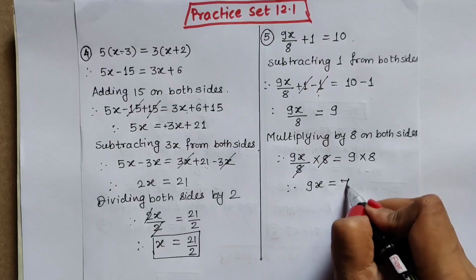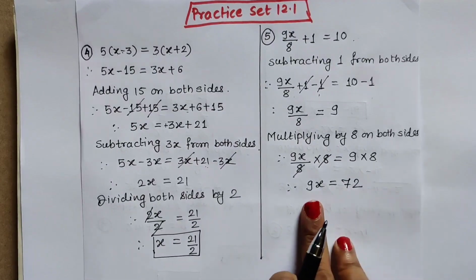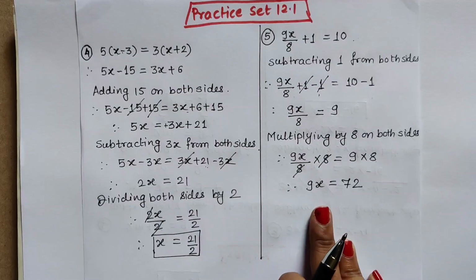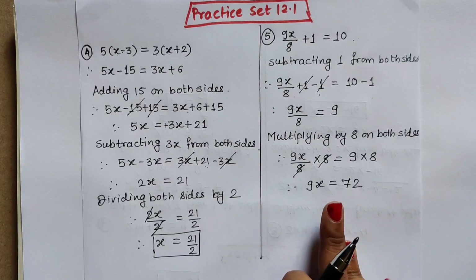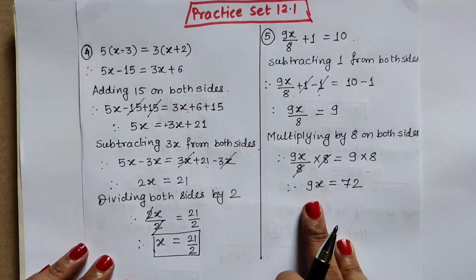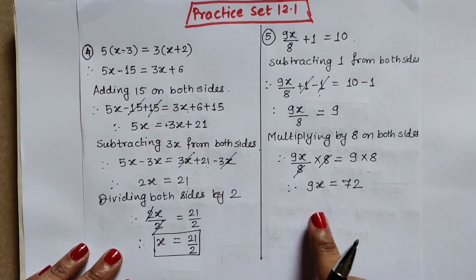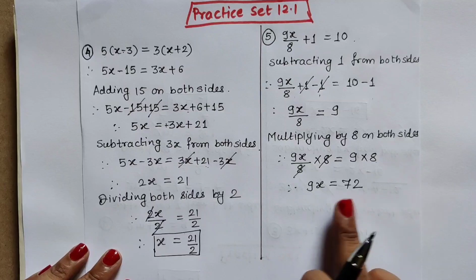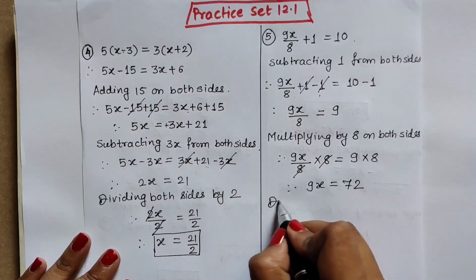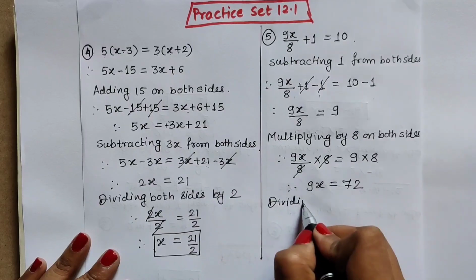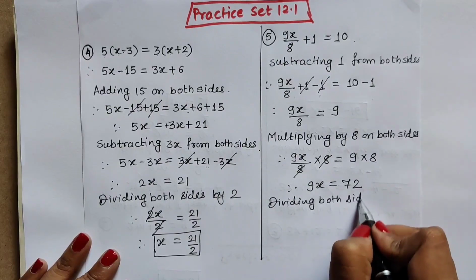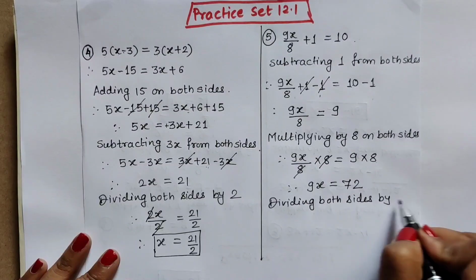9 8s are 72. Again 9 is there. So the sum does not end here. We require only variable in the end. So again this 9 should be transferred from left to right. Here it is 9 multiplied by x, so when we have to transfer it will become divide by. So dividing both sides by 9.